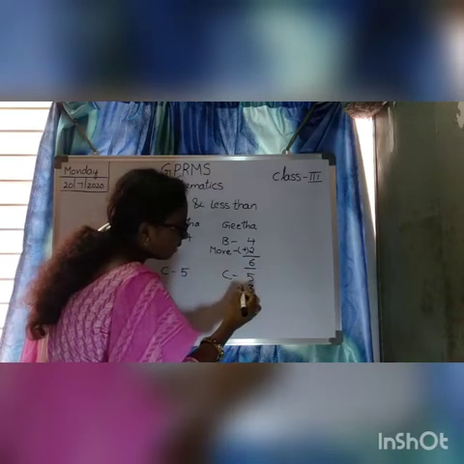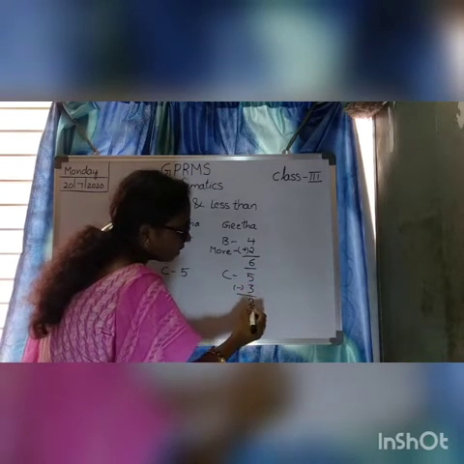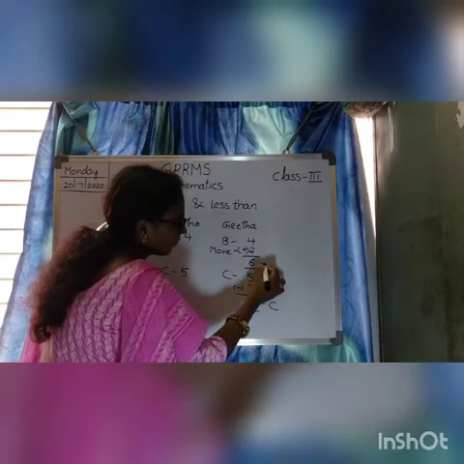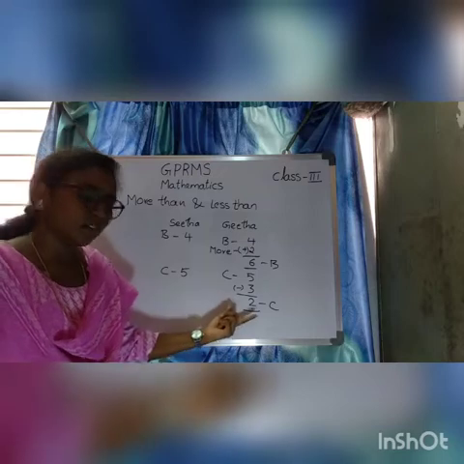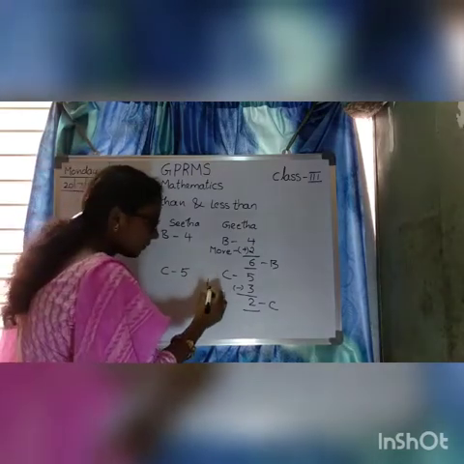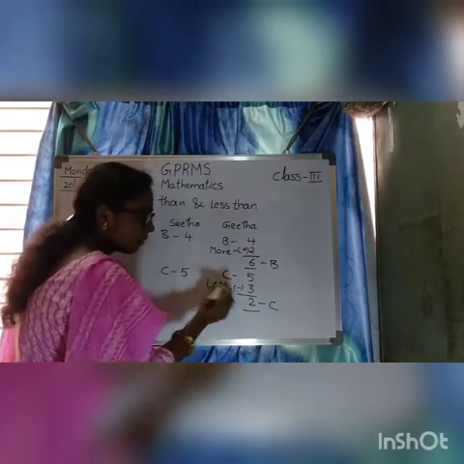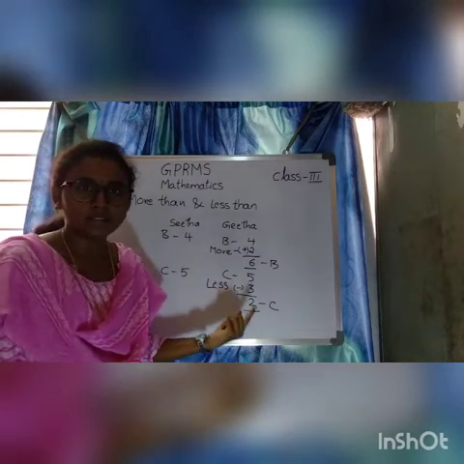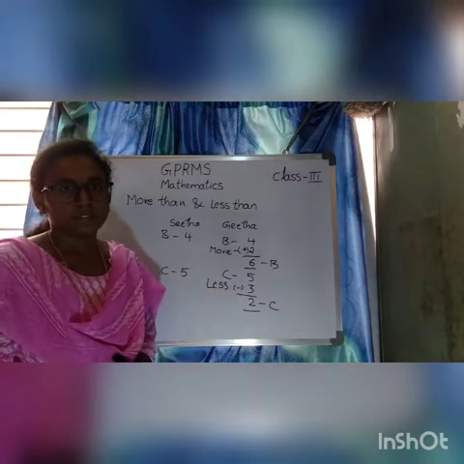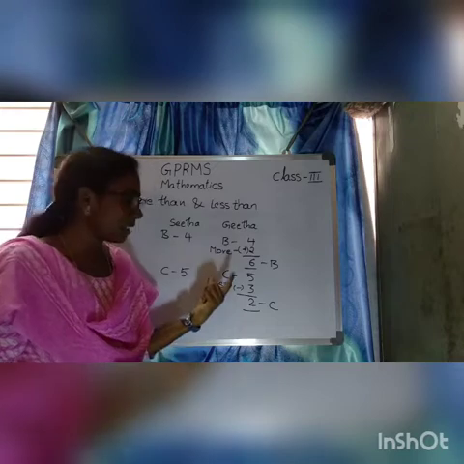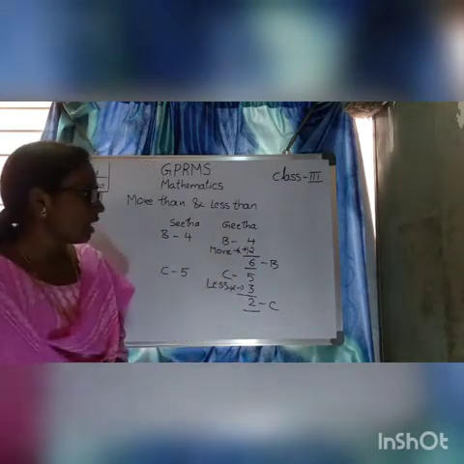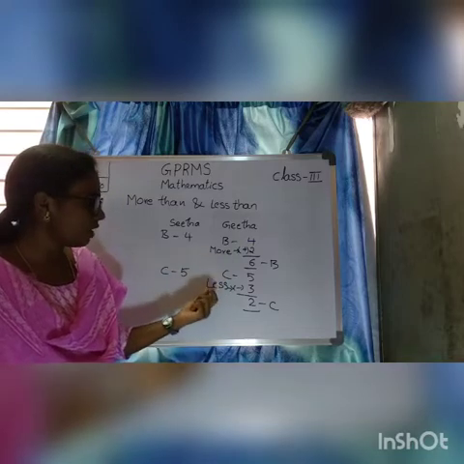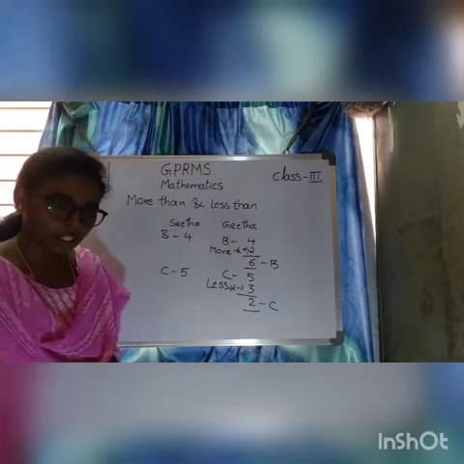Obviously you will subtract 3 from 5. How much is it? So she has 2 chocolates. What did you do when I said less? Less means subtraction. So less means subtraction. More means addition. Less means subtraction and more means addition.